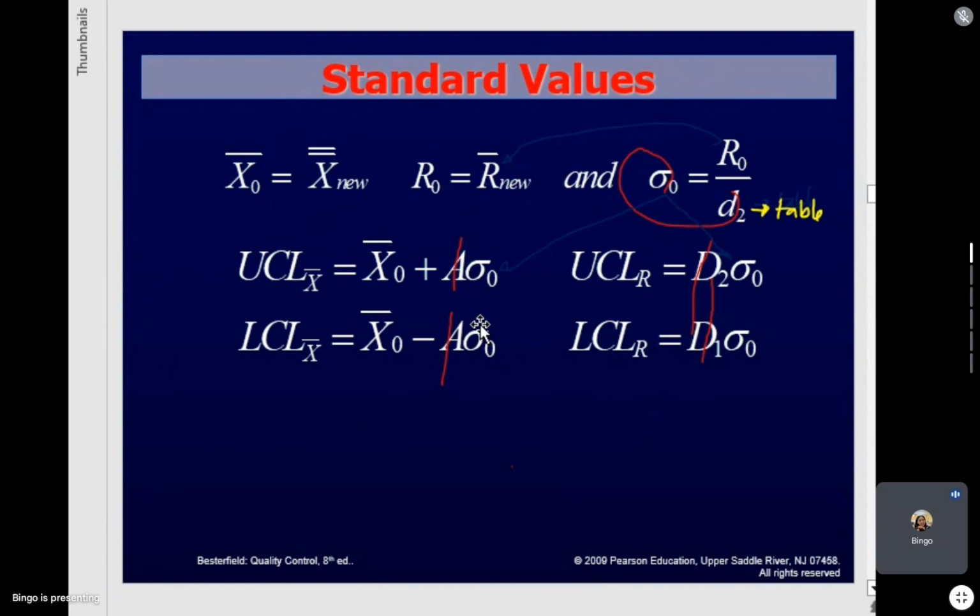That is equal to your x double bar ng old plus yung ating A standard deviation ng old, and then for the lower control limit, you'll have your x bar minus your A standard deviation ng old. Okay? At ang ating standard deviation, that is equal to your range over your D2. Yung D2 po natin na ito ay makukuha natin ang value dun sa factor table na ibibigay ko sa inyo.